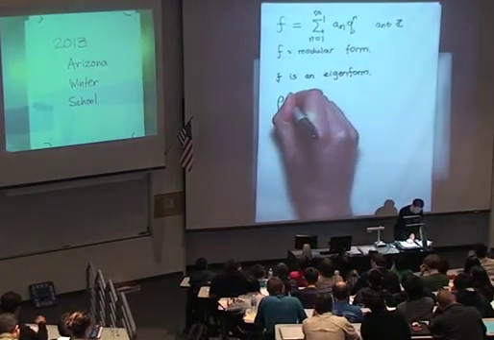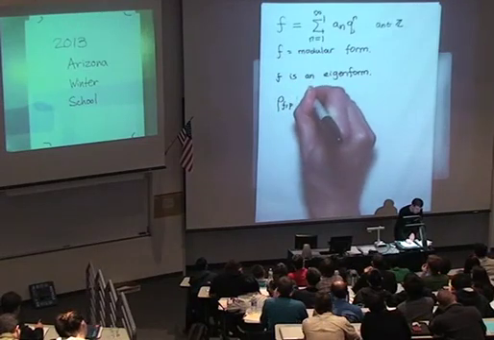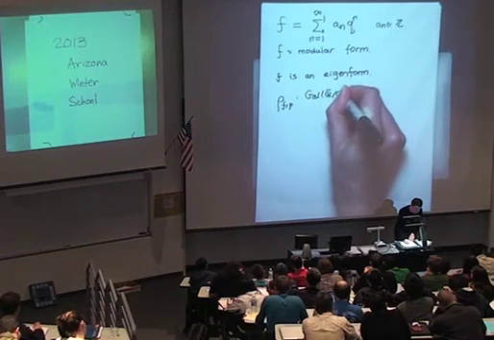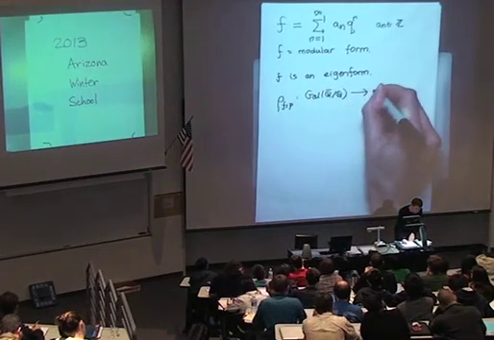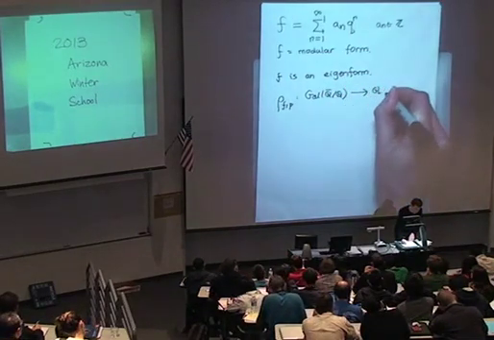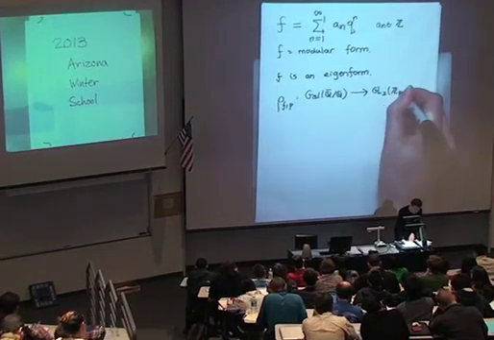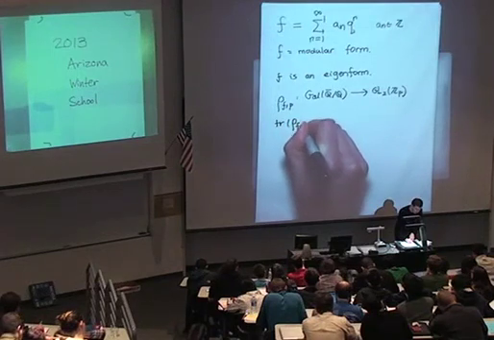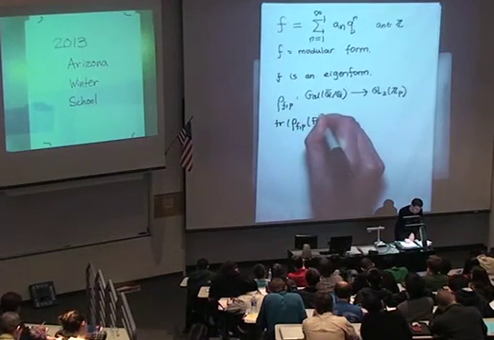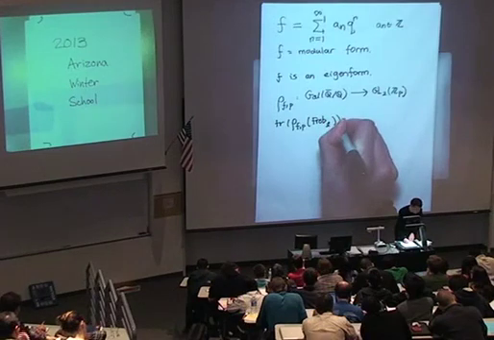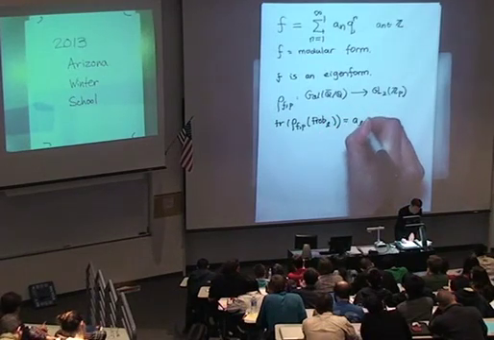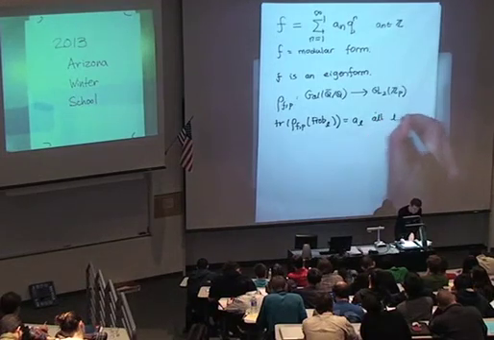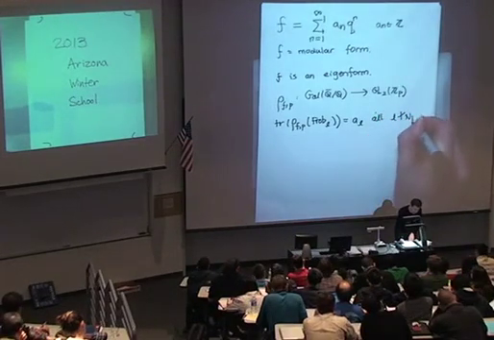If we choose, for example, a prime p, then associated to f is a representation of the Galois group of Q into GL2 of Z_p, such that the trace of the Frobenius element at l is equal to a_l for all but finitely many l. So for all l not dividing maybe some integer and some prime.